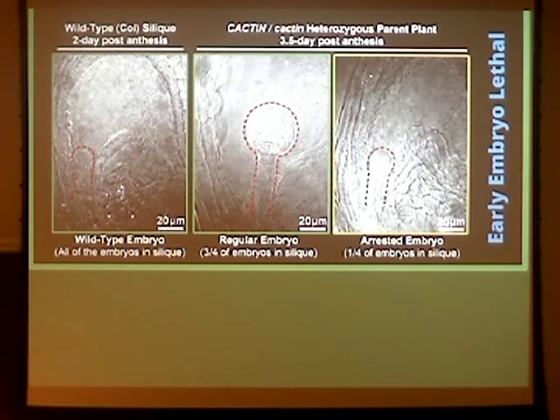So it looks like our homozygous mutants are making it to like the 1 to 3 cell stage of development and then just stopping right there. So we were once again left with this issue of cactin being a really important gene, but what is it doing? So much like animals, we found that this mutant was early embryo lethal in Arabidopsis.